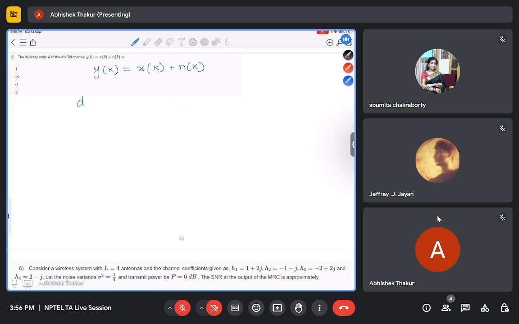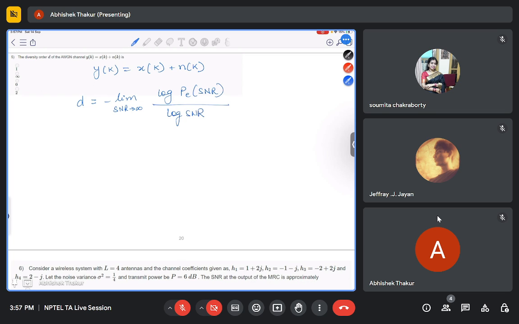So the diversity order D is equal to minus limit SNR tends to infinity of log of probability of error divided by log of SNR. This is the formula of diversity order.